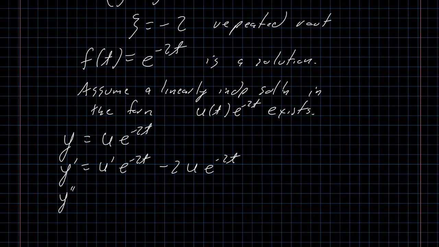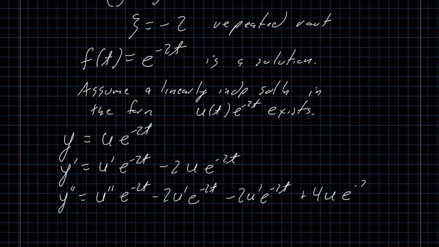And y'' will be u'' times e^(-2t) minus 2u' e^(-2t). That's the derivative of u' e^(-2t). Then I need the derivative of -2u e^(-2t), which will give me a -2u' e^(-2t), and a negative of a negative, which is positive 4u e^(-2t).